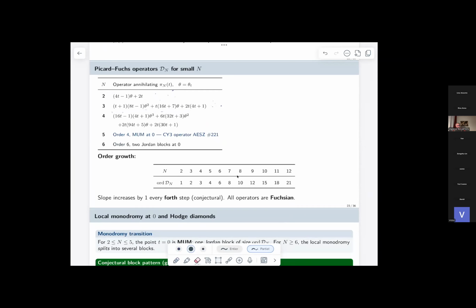The origin t equal to 0 is an MUM point. It means that the Jordan block is only 1.